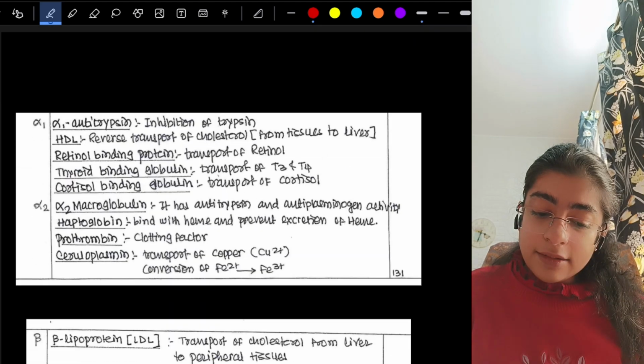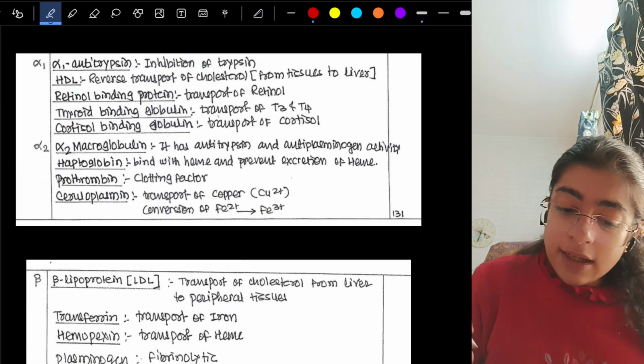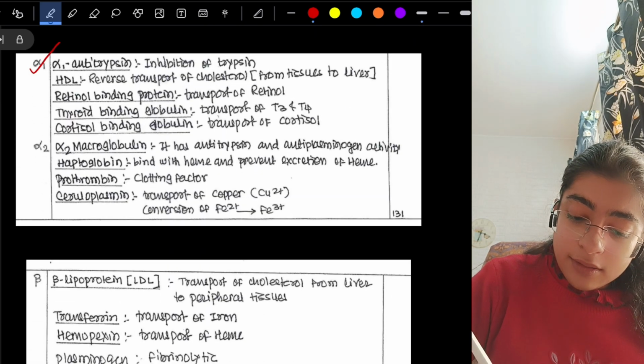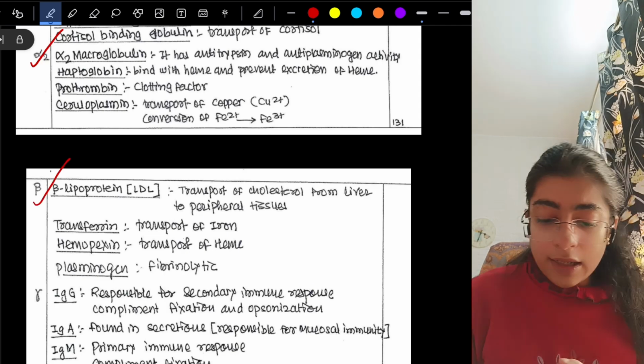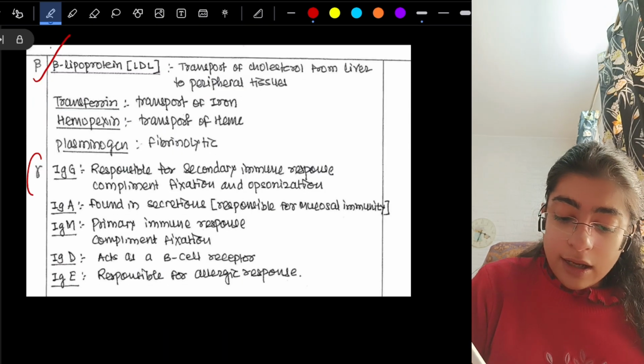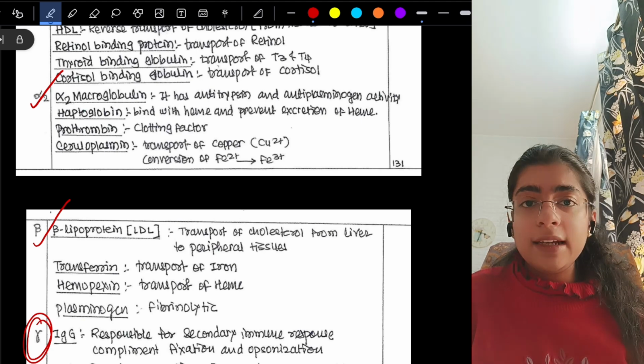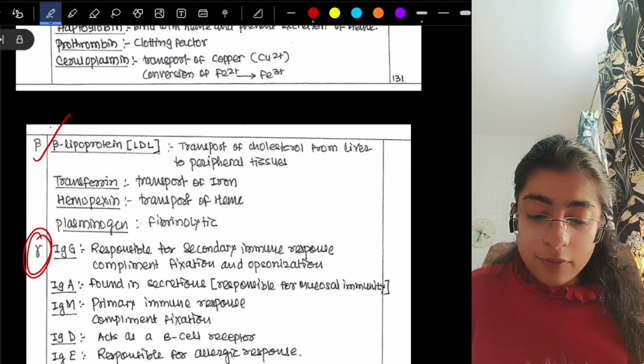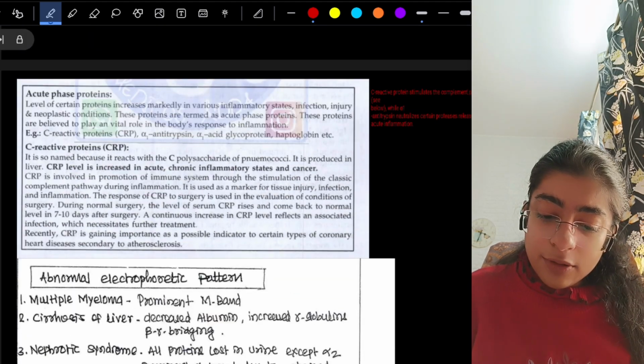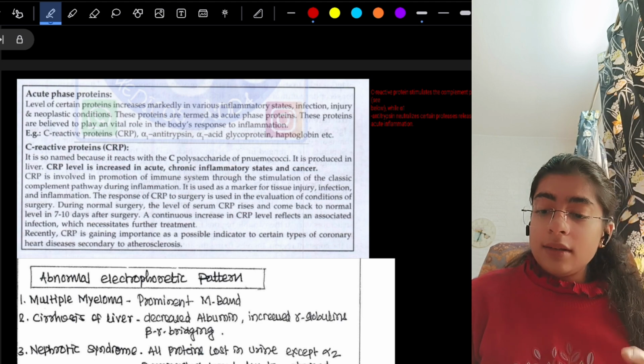Okay. Next comes, these are some additional points about alpha 1 antitrypsin, alpha 2 macroglobulin, beta lipoprotein LDL, and these are the gamma globulins. This I am sharing in my group, this PDF basically, which can be helpful for you. Next is acute phase reactant proteins. Now what are they?